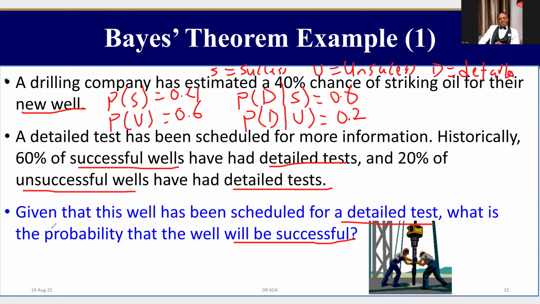So now he's telling you given detailed test. So you are swapping these two. This one was given successful. But this time, given that it is detailed, what is the probability that the well will be successful? So we are looking for the probability that the well is successful given detailed.